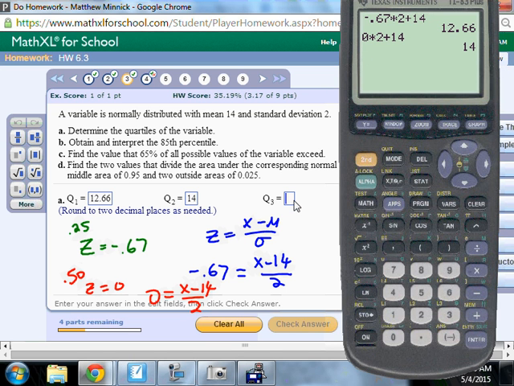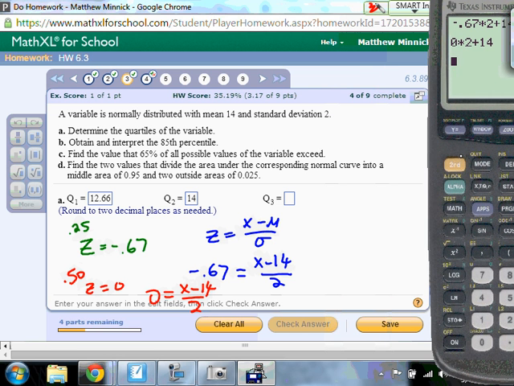Now for this third part, what I need to do is find the 0.75 area, find the z-score that goes with 0.75. So if I go to 0.75, the z-score that matches up with that should be positive something.